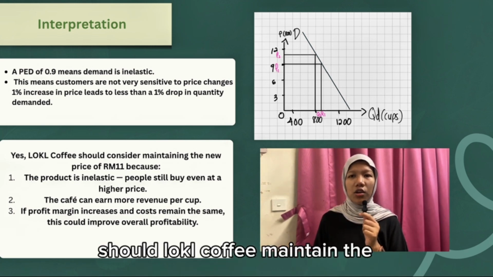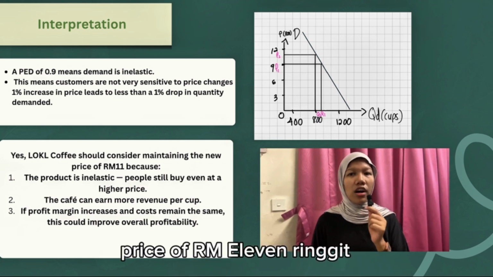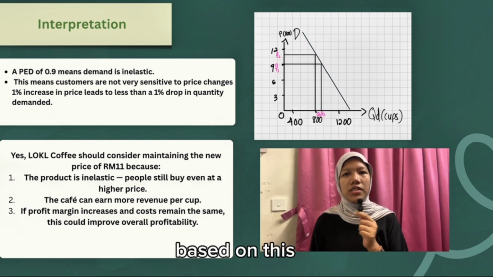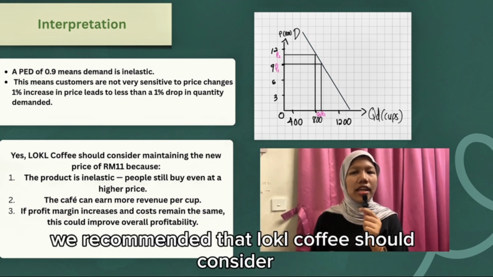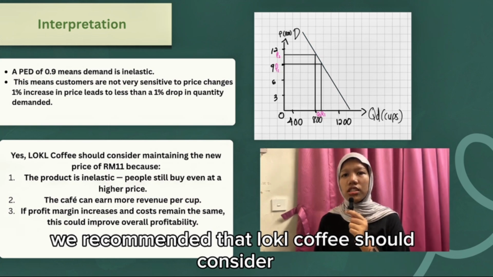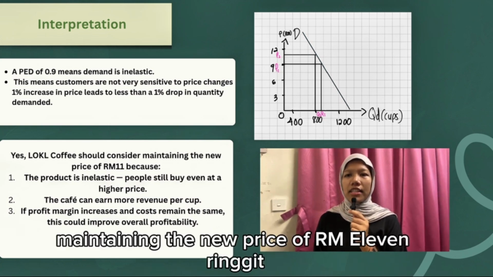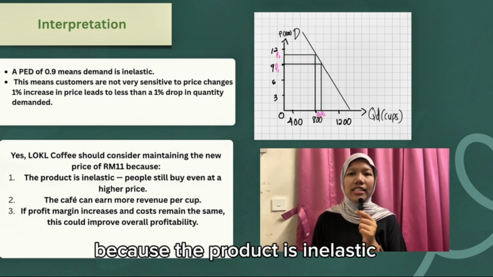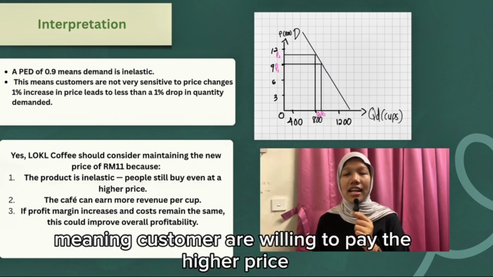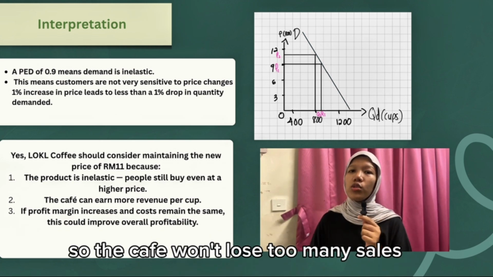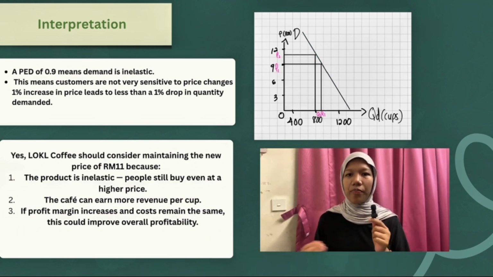Should LOKL Coffee maintain the price of RM11? Based on this, we recommend that LOKL Coffee should consider maintaining the new price of RM11, because the product is inelastic, meaning customers are willing to pay the higher price, so the cafe won't lose too many sales.